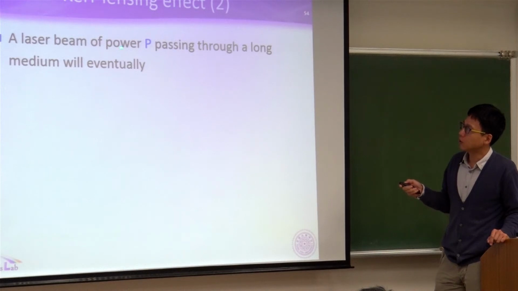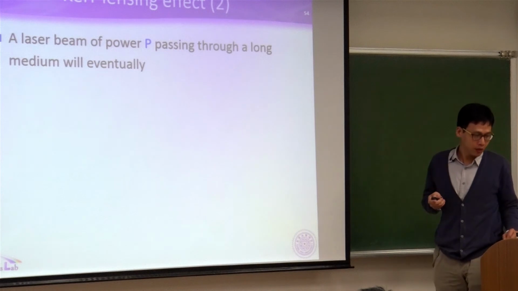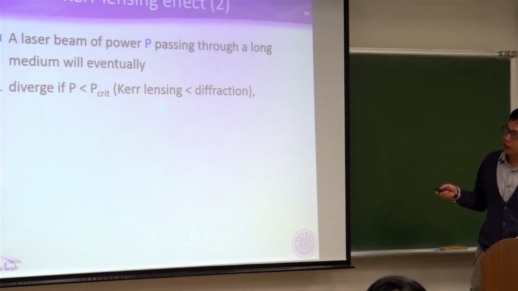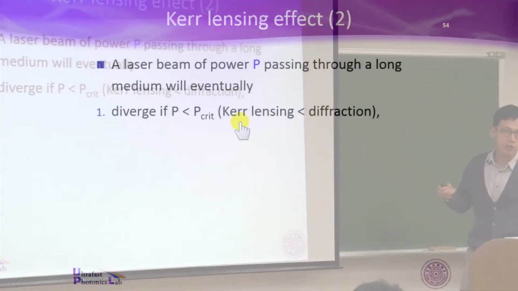A laser beam of power P passing through a Kerr medium will eventually diverge if your laser power is smaller than the critical power. In other words, your Kerr lensing effect is weaker than diffraction. Okay? Can you get it? Laser power P is related to the Kerr lensing effect. The stronger the laser power, the stronger the Kerr lensing.